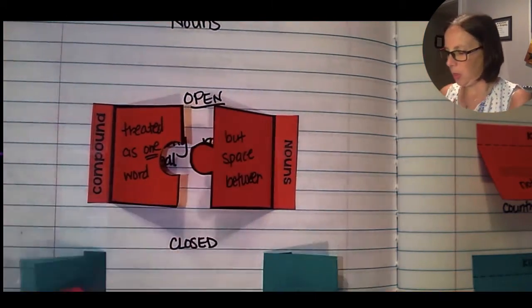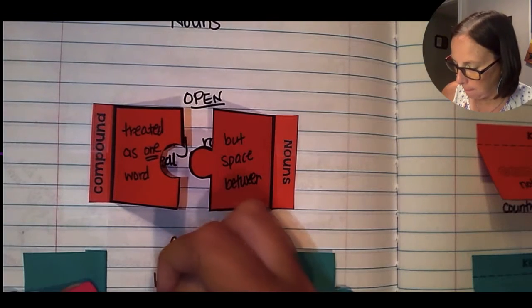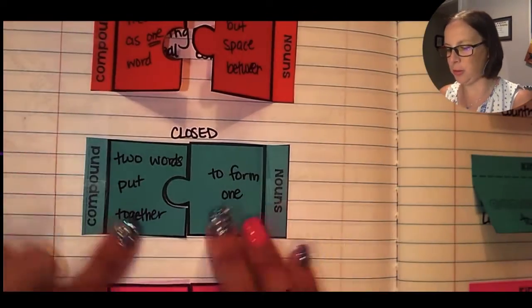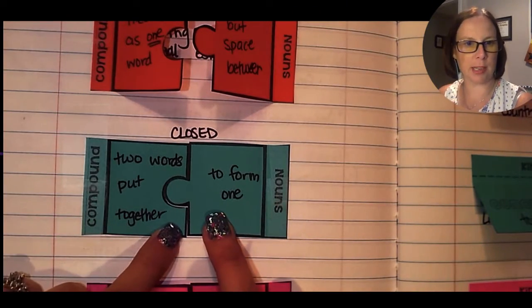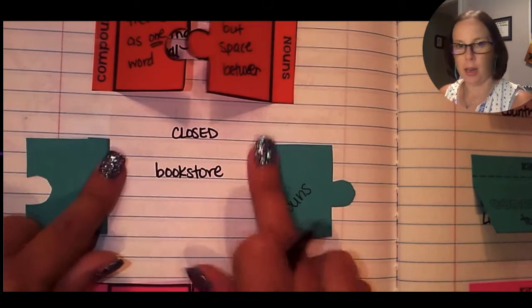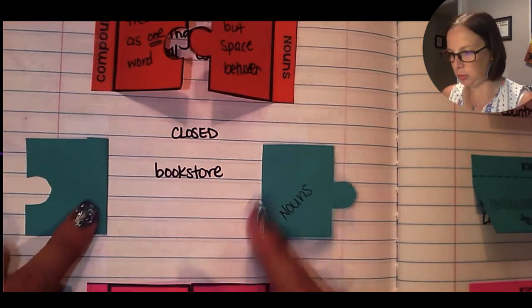So words like bookstore, that is 2 words. I don't know if you saw those notes, so let's get that back and put that down. 2 words put together to form one. And the first example is bookstore.